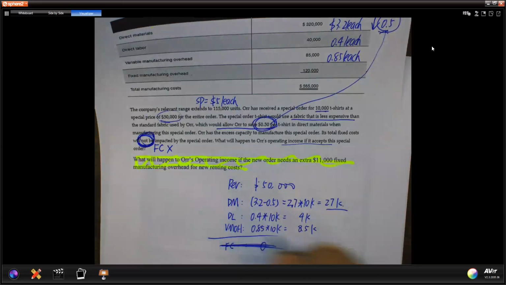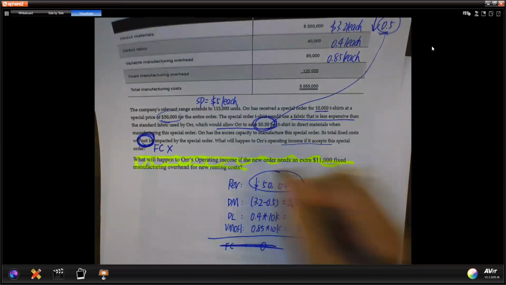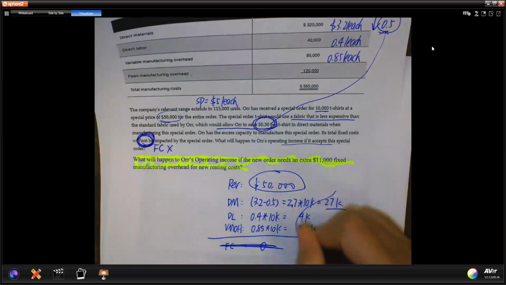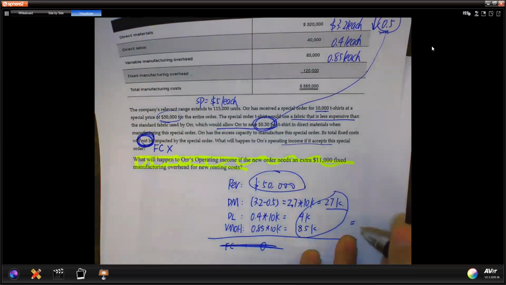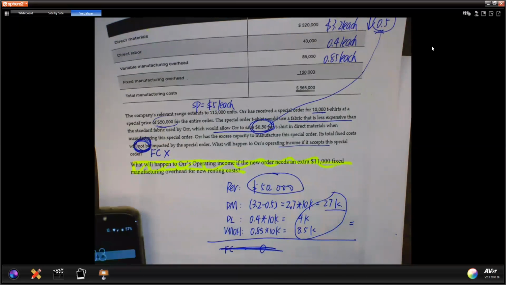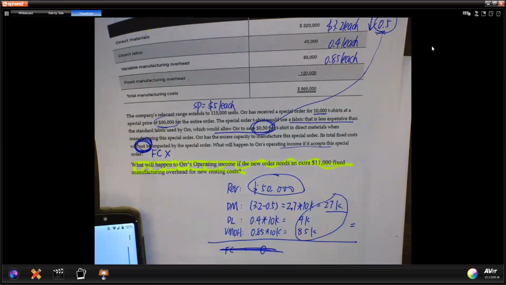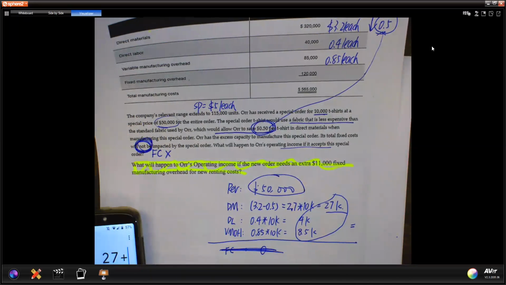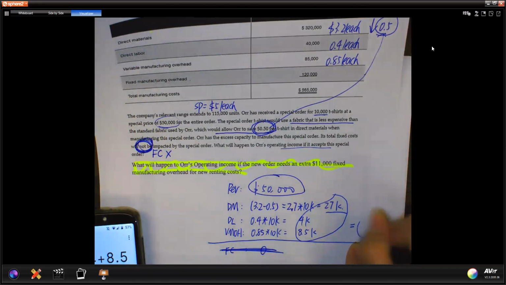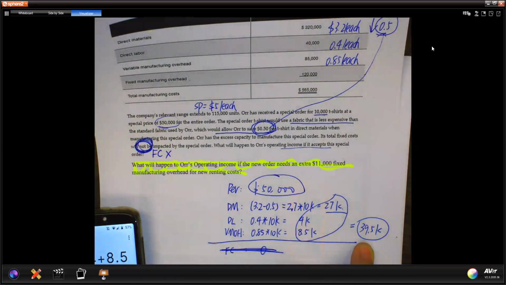So you will increase your revenue by 50,000, but then you will increase your total cost by, I don't have the calculator here, so give me a second, I'll just do it very quickly. 27 plus 4 plus 8.5. So your total incremental cost will be 39.5 thousand.